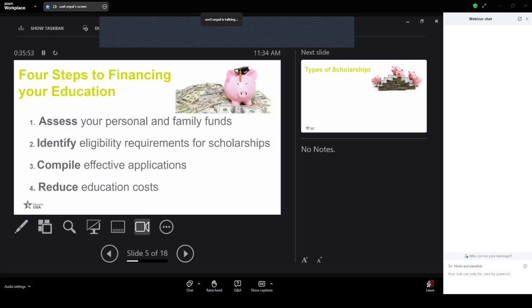Okay. Compile effective applications. You are applying for the grad level. The professors who are reviewing your application, when you're applying for undergrad, sometimes students are still young, but when you are applying for grad school, you are mature enough, so they want to see a really good application.